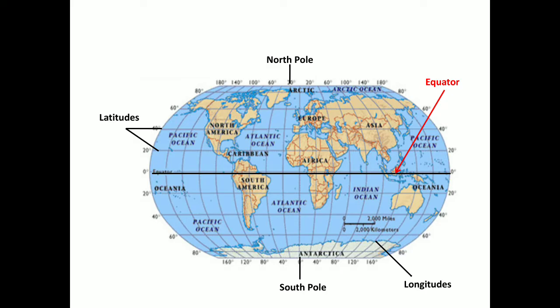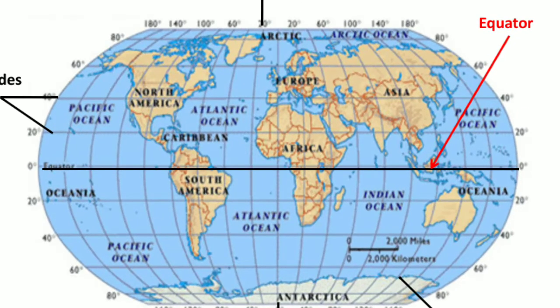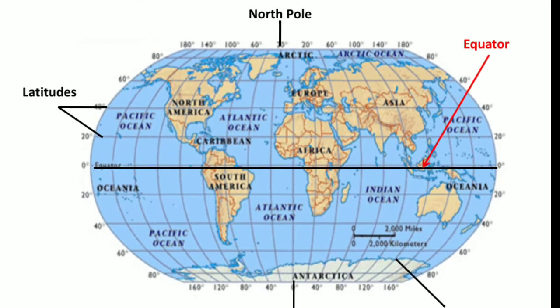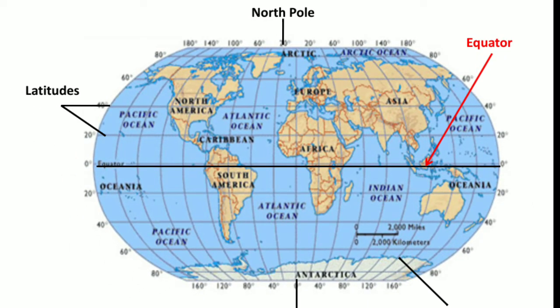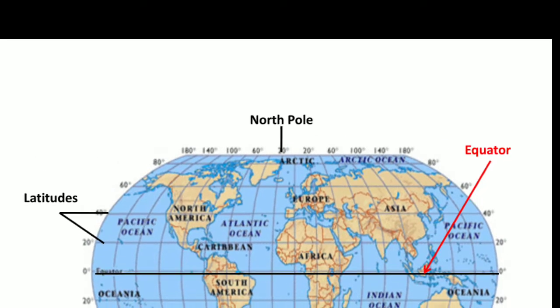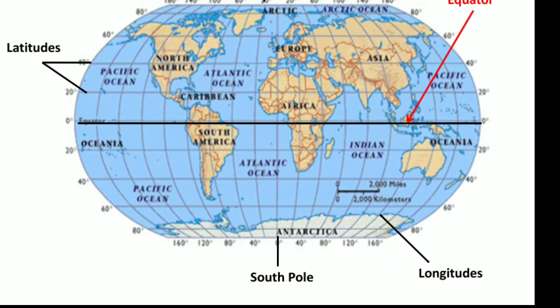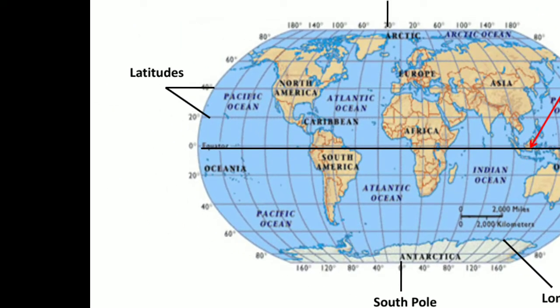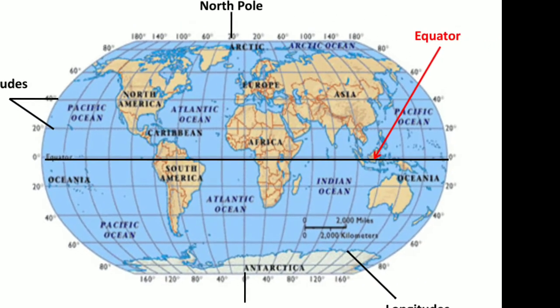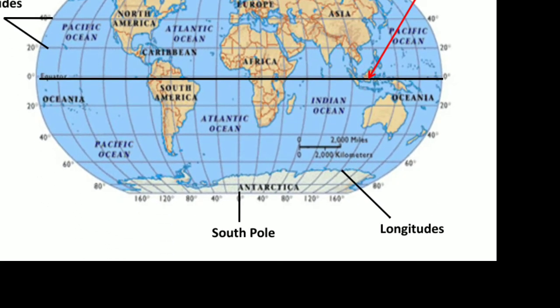So this is the shape of the earth, just an overview. Can you see the black line? This is the equator. Then on both the ends we have the North Pole and the South Pole. We have the latitudes which is written towards the left and longitudes which is written towards the right hand side down.